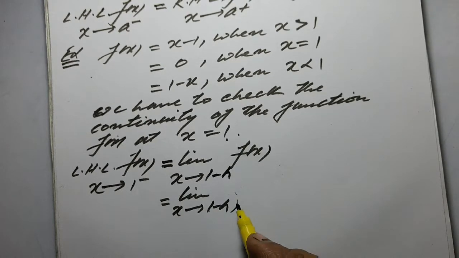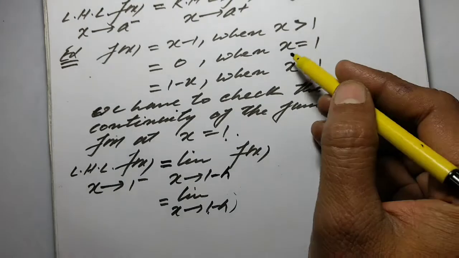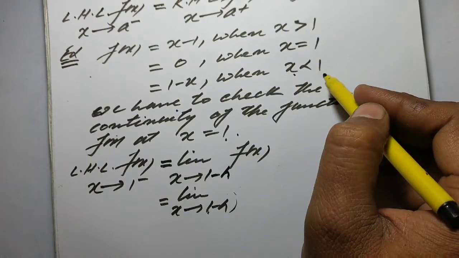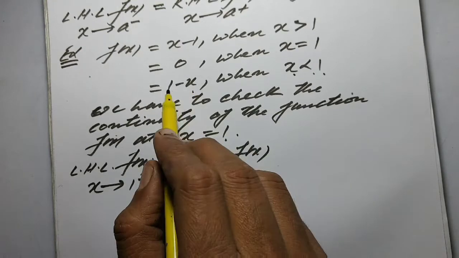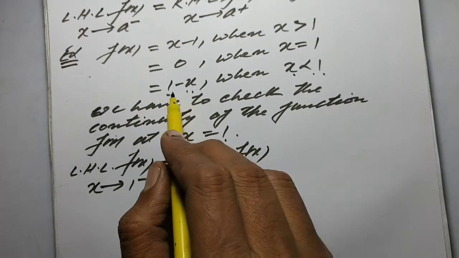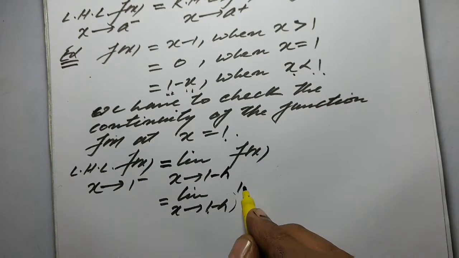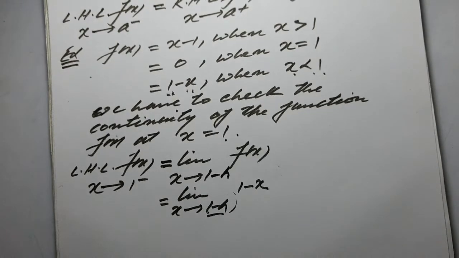The result is less than 1. So we see in our conditions, where is the condition x is less than 1. In front of it, the value given is 1 minus x. That particular function we write here.